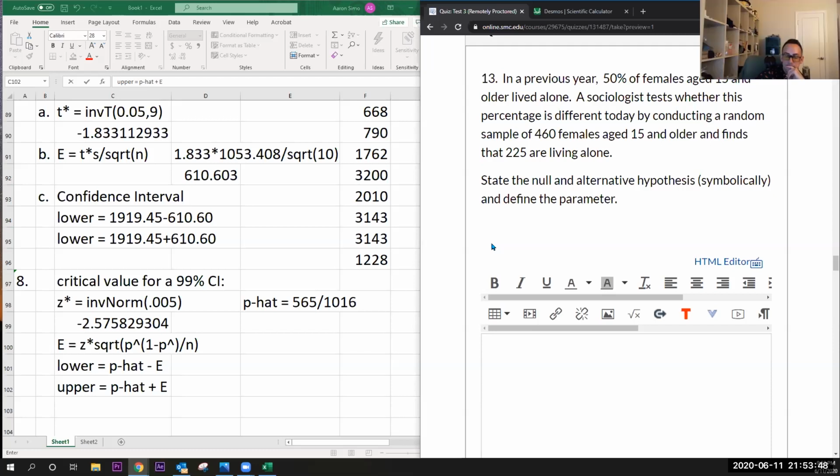All this stuff is newer to you. This is hypothesis testing. Writing the null and alternative, the p-value, the test statistic, and the conclusion. It's pretty similar to what we did, a lot of the stuff from the last test. So hopefully you should do the easy method on that stuff.